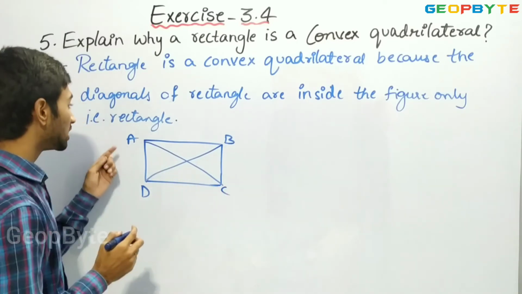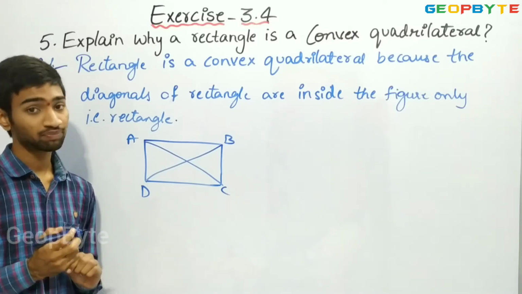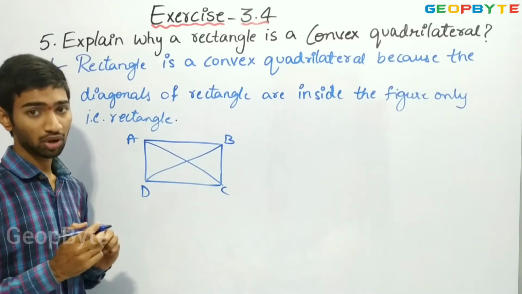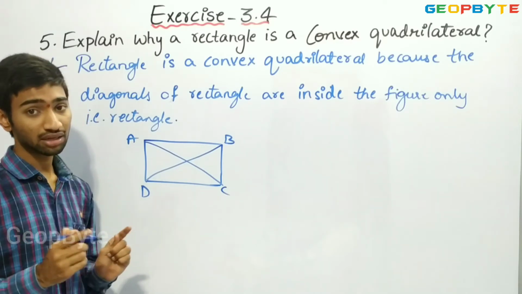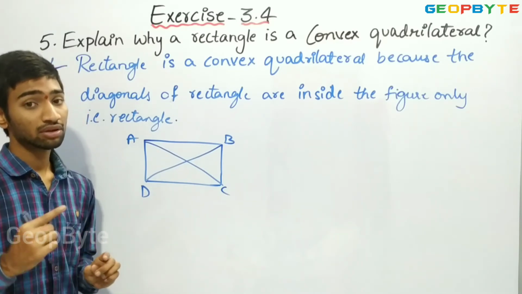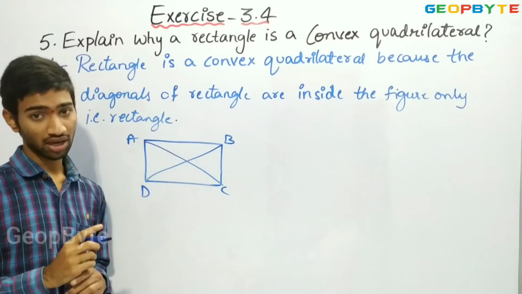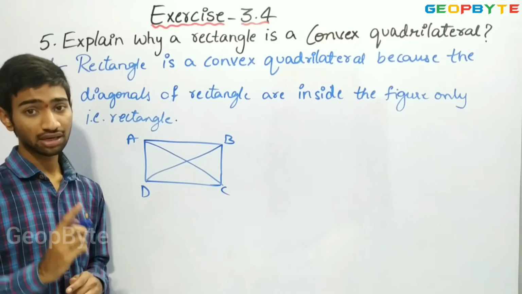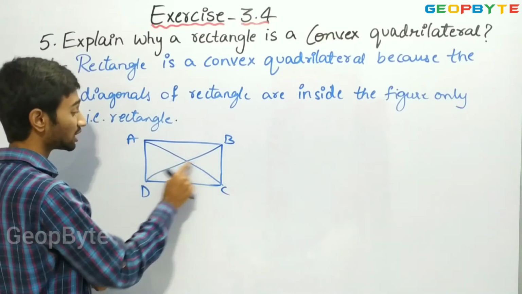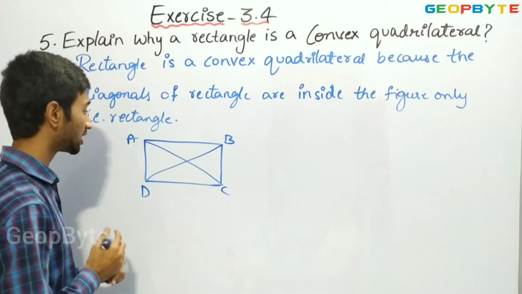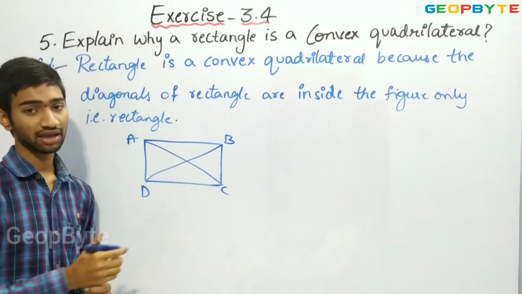We know that in the starting class, Introduction to Convex Polygon, we have learnt that in a convex polygon the diagonals are interior. That means the diagonals are inside the polygon. In a similar way, a convex quadrilateral means a quadrilateral in which the diagonals are drawn inside the quadrilateral. So here the rectangle is also a quadrilateral in which the diagonals are drawn inside the rectangle.